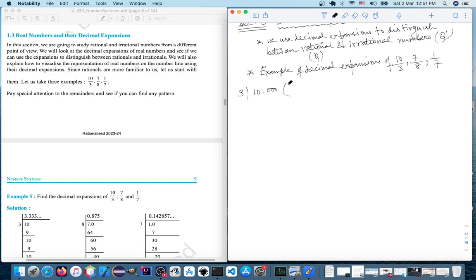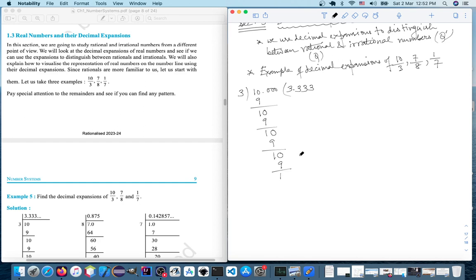So we have 3, over here we have 9, 1, then we have a decimal point, again 10, again 3, again 9, 1, 10, 3, this way. So we can see that the long division method is not ending.